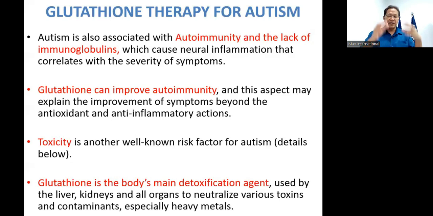A simple way to describe someone with autism is that there is a short circuit somewhere. And the short circuit has got to do with signals. It's signals. And glutathione is a very important signaling molecule.